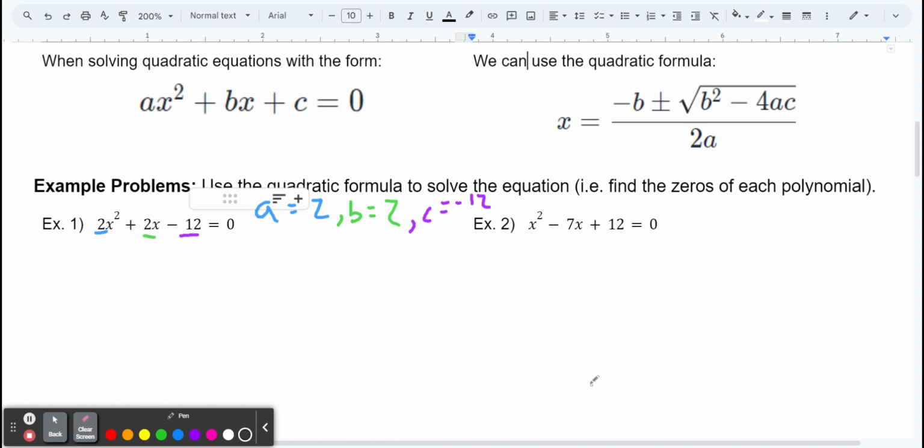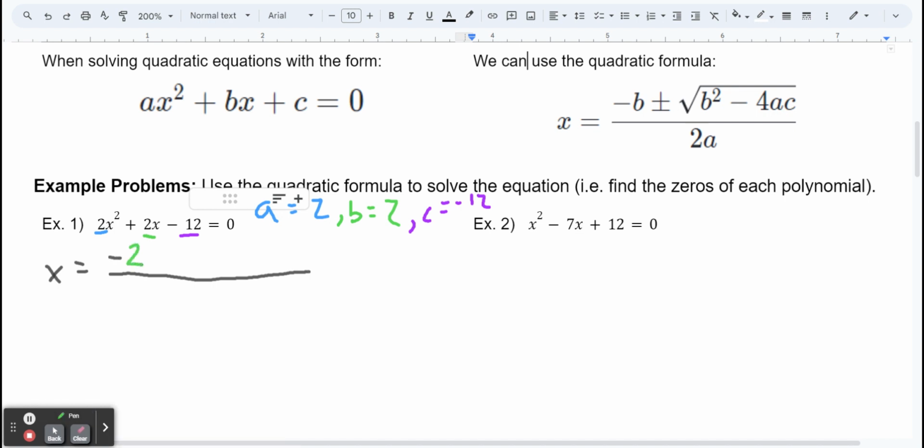Once we have those labeled, we can plug in exactly what we see in our quadratic formula to come up with x. So in this case, x equals, we'll have a big fraction here. It would be -b, so in this case, -2. Let me color code that first step. Then we have this weird plus or minus sign. We'll see what happens with that later. Big square root sign.